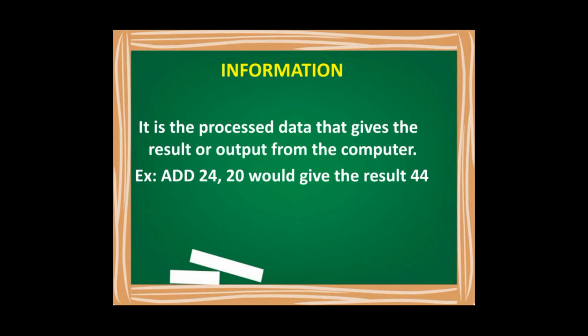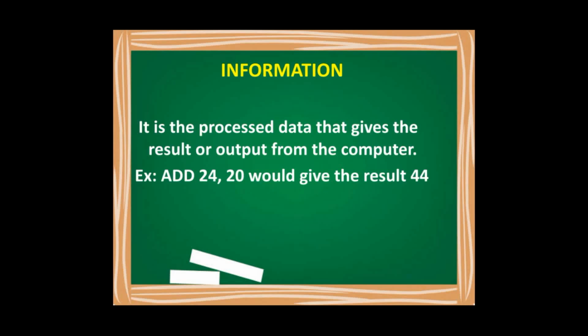Let us see the definition of information. It is the processed data that gives the result or output from the computer. Let's understand with an example. Suppose if we write add 24, 20, we would get the result as 44.